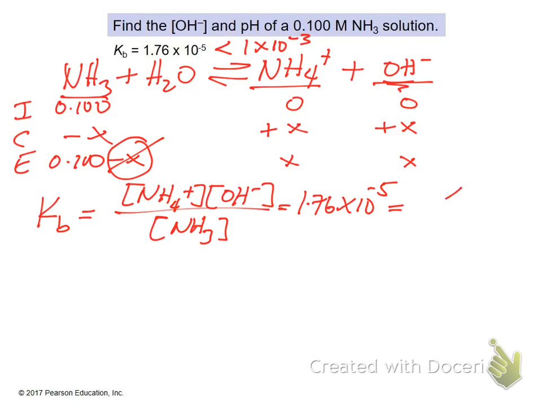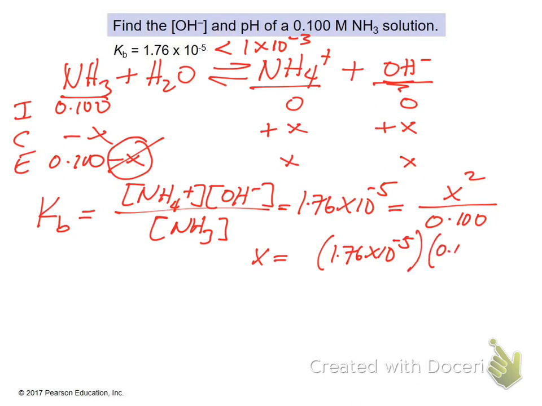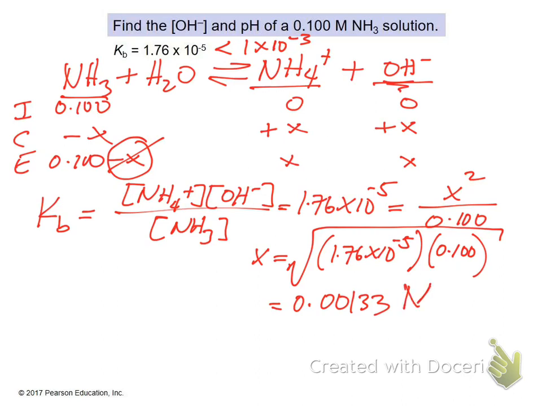And this is equal to x times x, which is x squared, divided by 0.100. And then you can solve for x. So that's 1.76 times 10 to the negative 5 multiplied by 0.100, and take the square root. So we get an x value of 0.00133. So this is the concentration of the hydroxide ion.